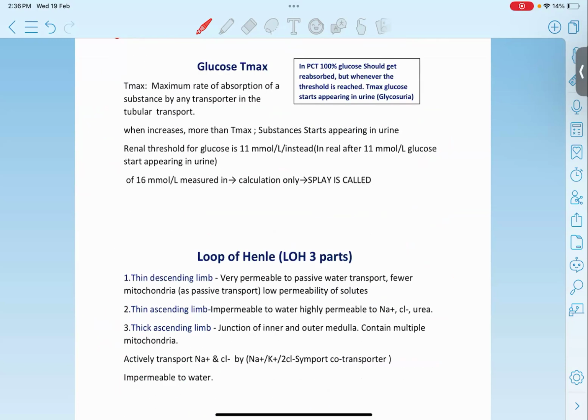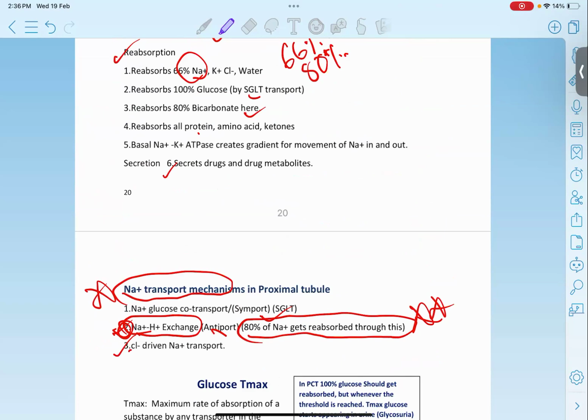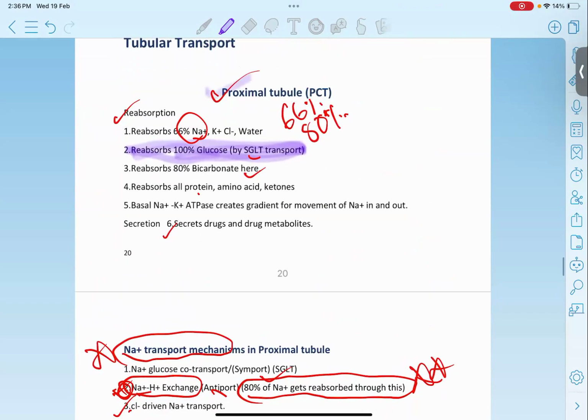Next, I want to discuss another important topic called glucose Tmax. Here I told you that 100% of glucose gets reabsorbed in the PCT by SGLT transport.